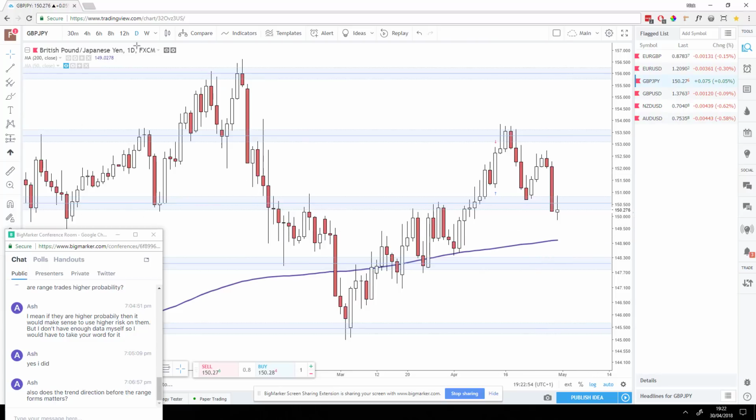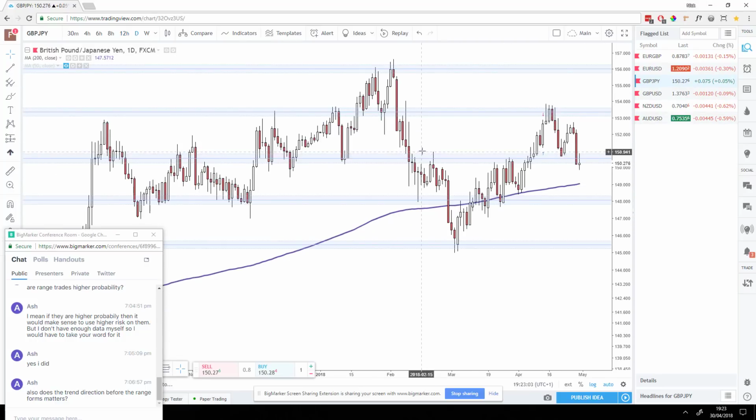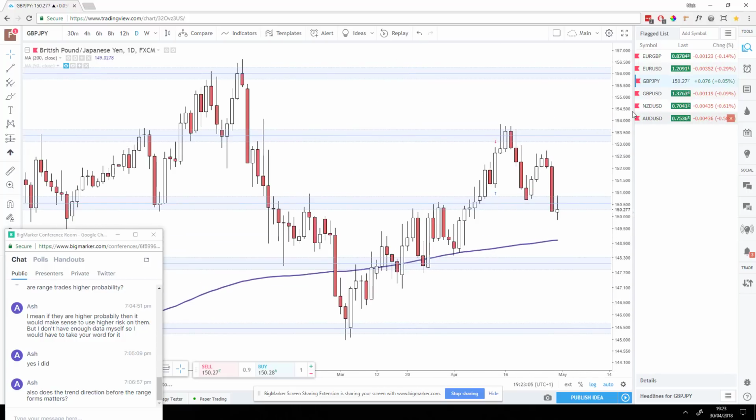GBPJPY stalling around here. We just got to watch this one, see how it pans out. There's potential here for a long trade. It's definitely stalling on the support area, and it's a decent support area, so there's potential here. But it would be potentially a risky trade just based on the risk to reward ratio, because it's going to be a bit tricky getting a good entry on this one, given the size of this candle here.